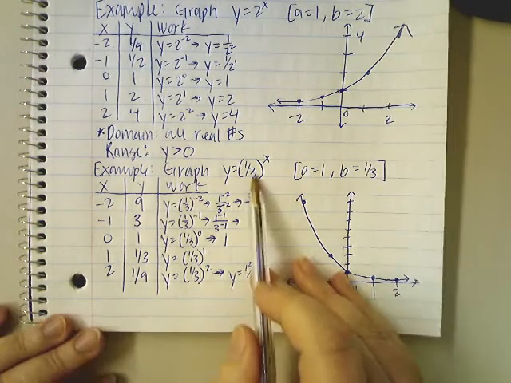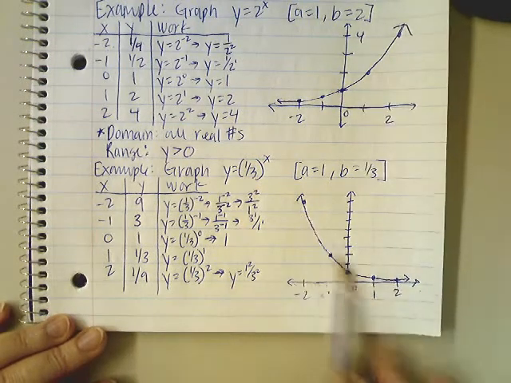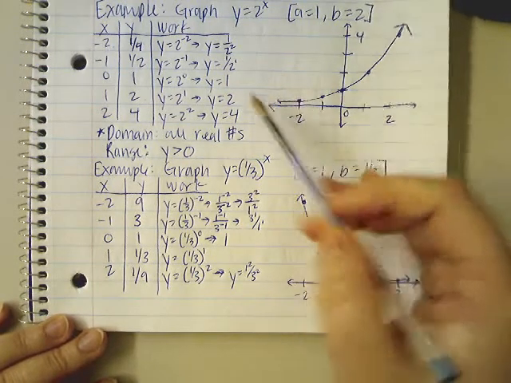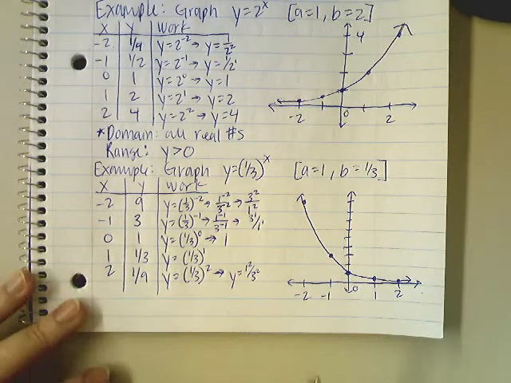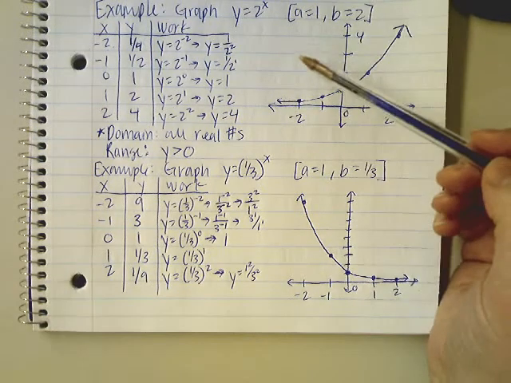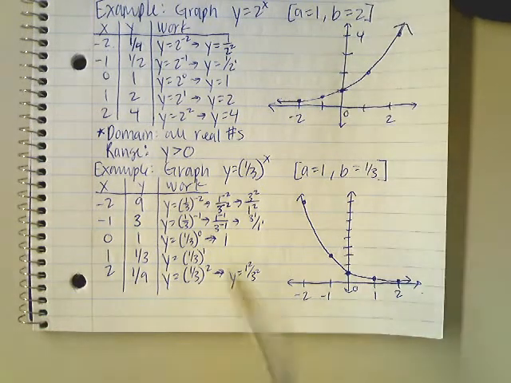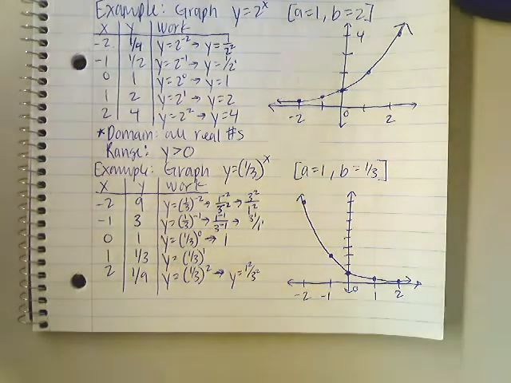So notice when we have a value less than 1 for b, we end up going down from left to right. When we have a value greater than 1 for b, we go up from left to right. And so this actually models what we're going to talk about next, exponential growth versus exponential decay. So I'm going to flip the page and sort of more clearly define those two things.